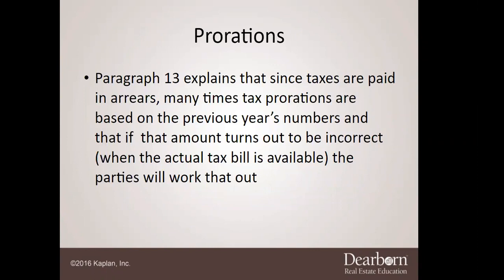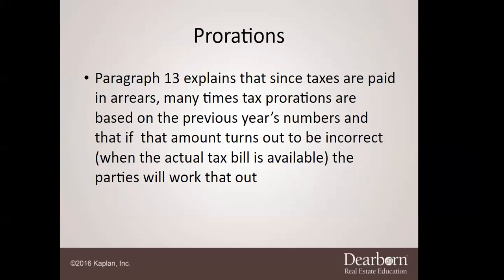Okay. So, like it says here, paragraph 13 explains that since taxes are paid in arrears, what's arrears, Travis? You pay back the year before. Yeah, you paid the year before. That's right. So you're paying 2020's taxes when, Miss Linda? 2021.